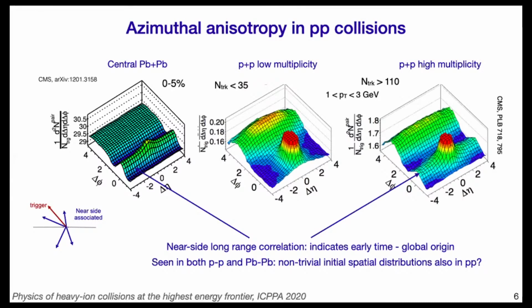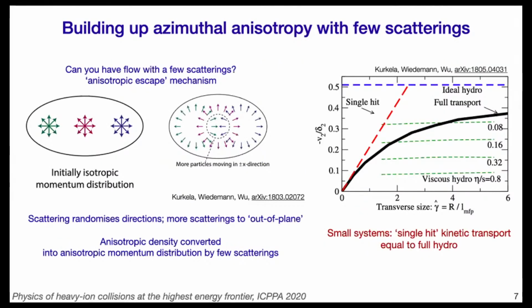But this led to quite a discussion, because of course in proton-proton collisions you don't have a large system. You don't expect to have time and density to produce a fluid that can build up pressure gradients. And one of the answers to that conundrum is shown in this slide. So it turns out that with relatively few collisions, you can already get significant flow.